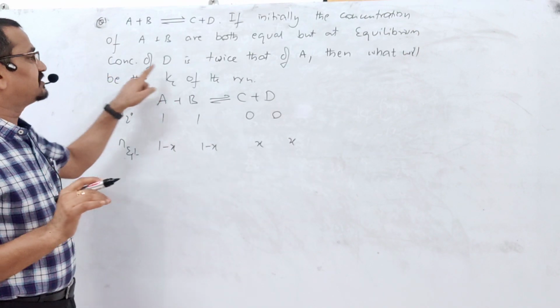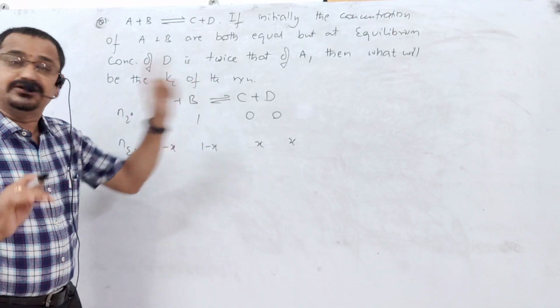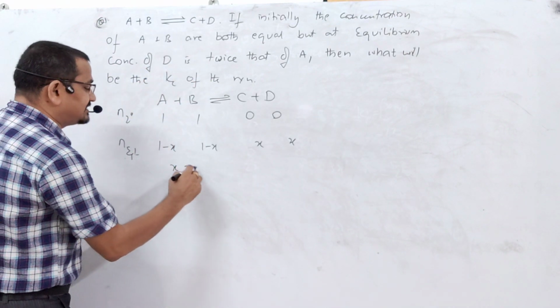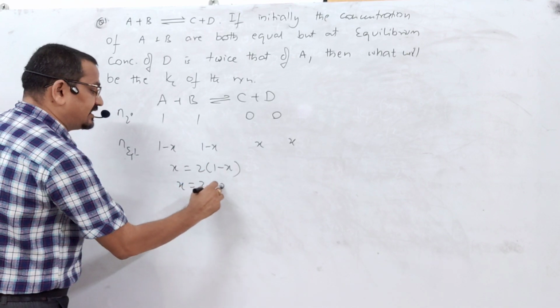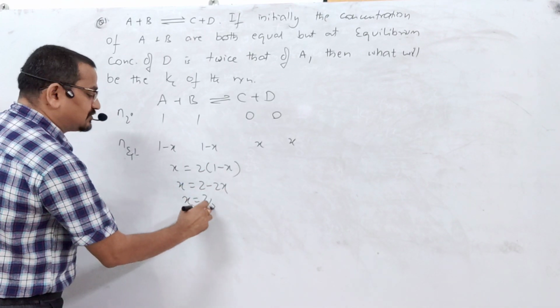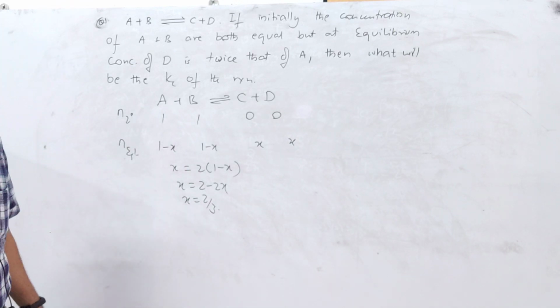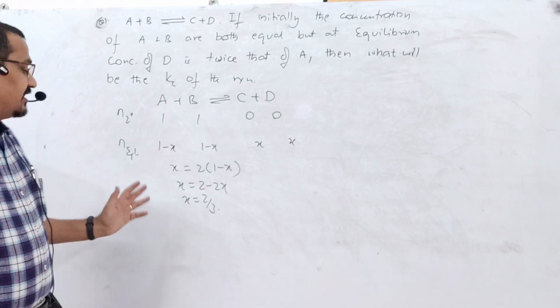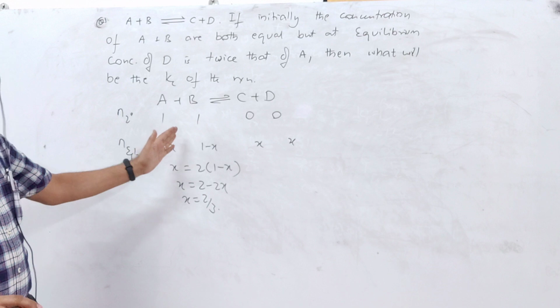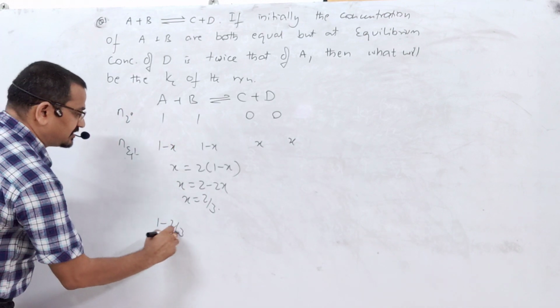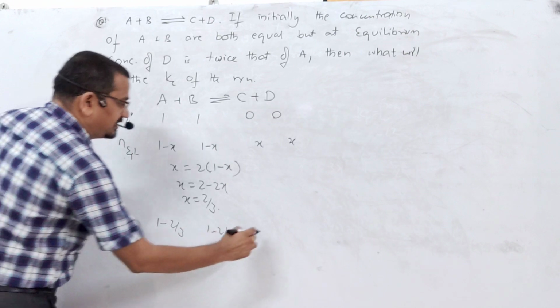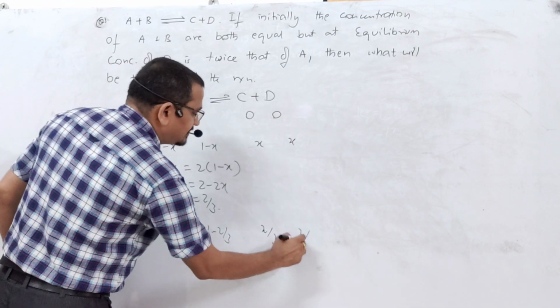Equilibrium concentration of D is twice that of A, meaning x is 2 times 1 minus x. x equals 2 minus 2x, x equals 2 by 3. Now this x we have to substitute. It becomes 1 minus 2 by 3, 1 minus 2 by 3, 2 by 3 and 2 by 3.